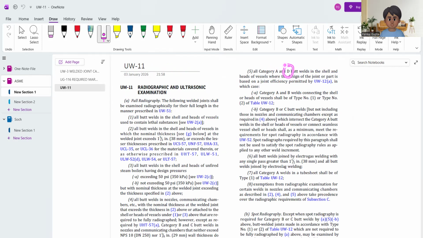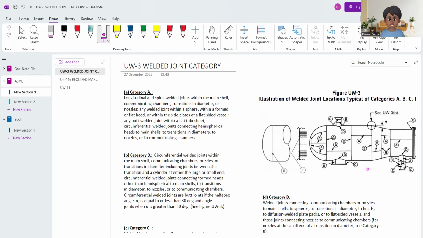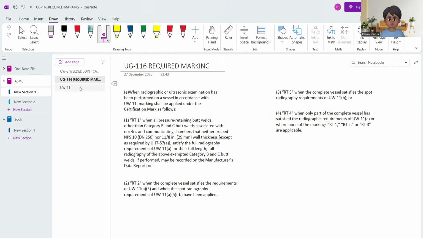You might wonder how a category D butt weld joint can be radiographed, since the categories are A, B, C, D. Category D means the nozzle-to-shell joint. Mostly these joints are not radiographed, but here it is written, so it might be for the lap joint, but I'm not sure about that.